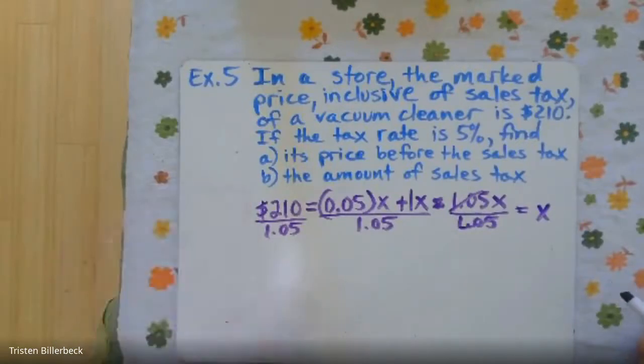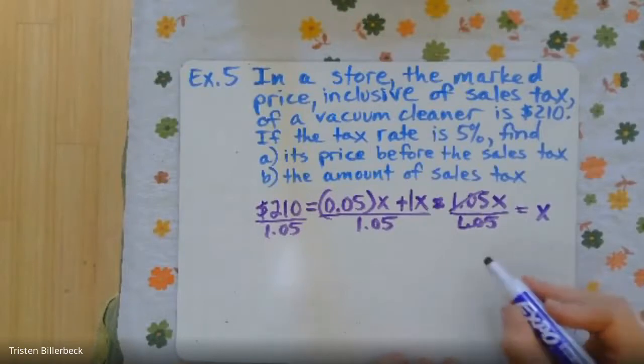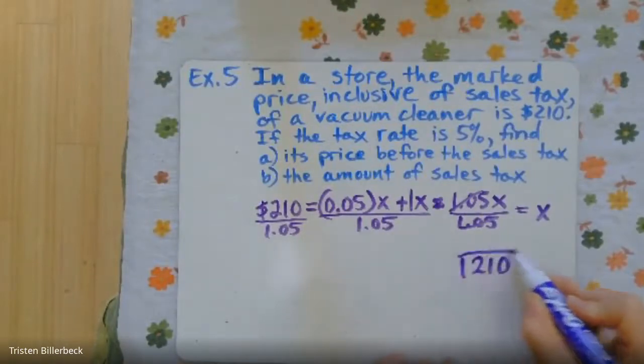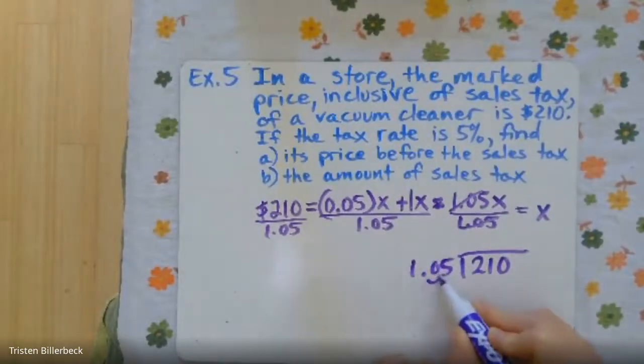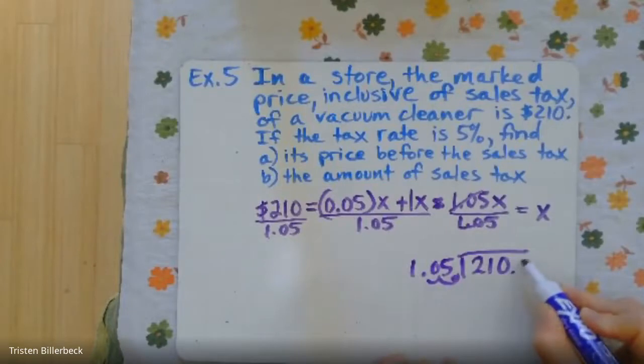So now we need to figure out, well, what is 210 divided by 1.05? So let's use the dry erase calculator. We have to move this decimal over 2 spots.